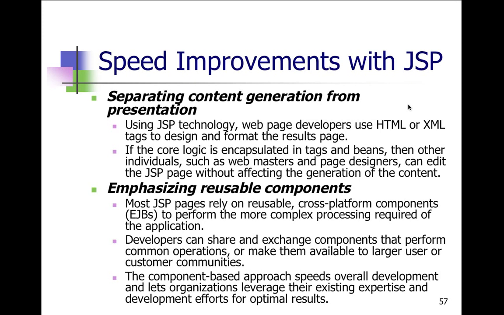It also emphasizes reusable components. So most JSP pages rely on reusable cross-platform components, or Java Enterprise Beans, to perform more complex processing required for the application. So it mixes and matches and uses the best of both worlds.